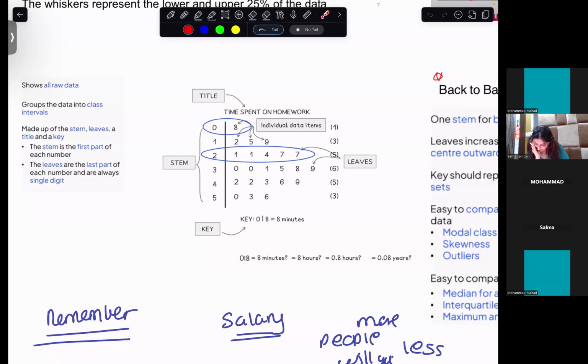In this example, the key is 0|8 equals 8 minutes. Is there any other way to write this key?